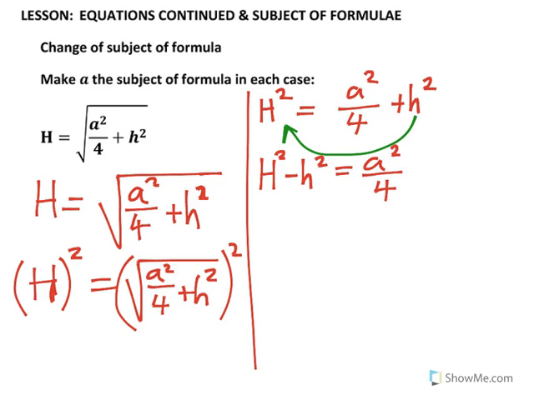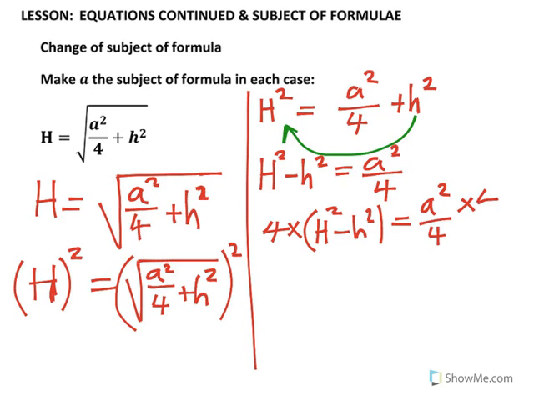What I can do is, this 4 below a is the one that is affecting me, so I can multiply both sides of the equal sign by 4. What am I saying? I will say 4 times h squared minus h squared is equal to a squared over 4 also times 4. What I do on the left, I do on the right.